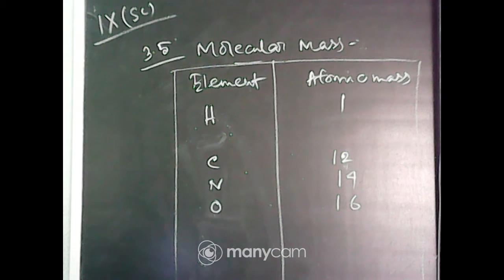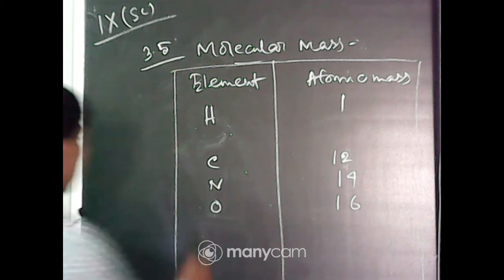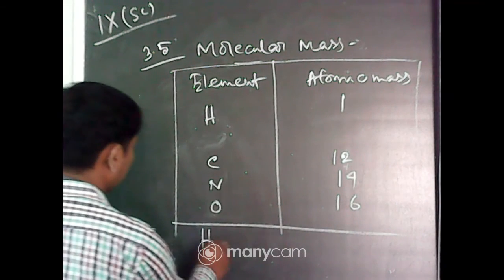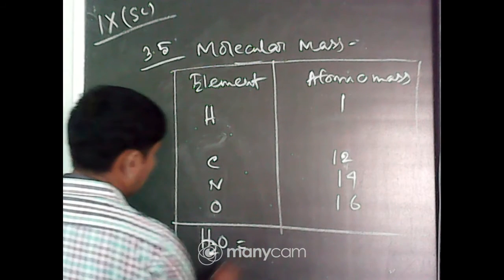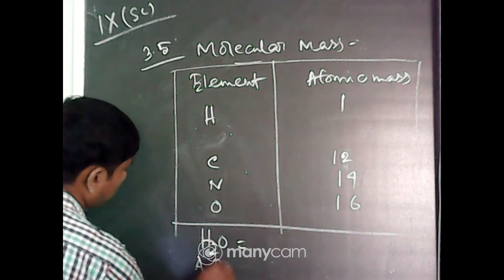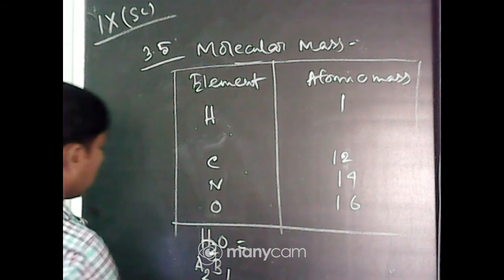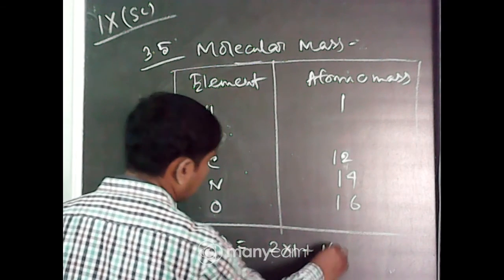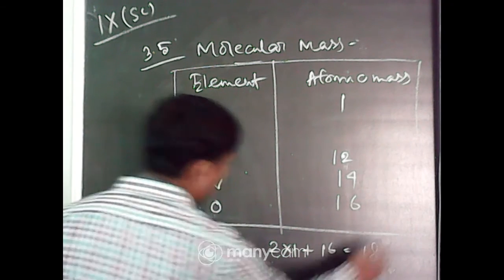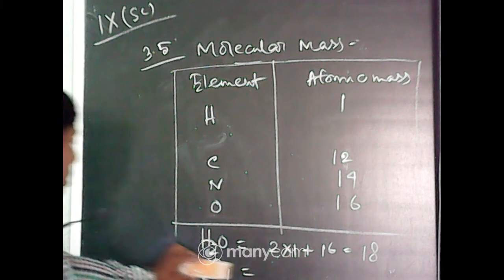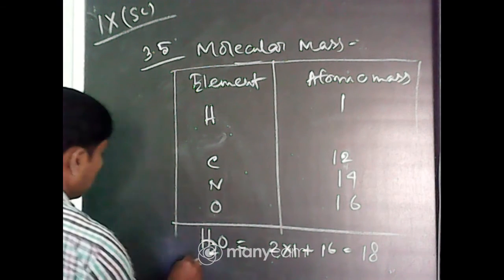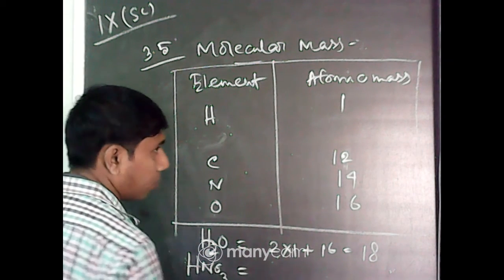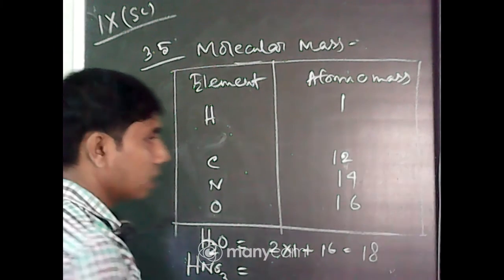Okay. Now, just calculate the molecular mass of water. It would be like A2B1. So the atomic mass is 2 into 1 plus oxygen 16, overall 18. Next one, suppose HNO3, which is also given in your NCERT book. HNO3 is nitric acid.